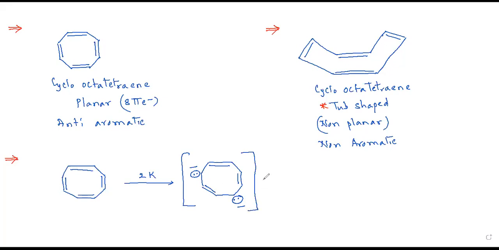Very interesting. You get this? It means it is cyclooctatetraene, sorry, triene dianion. Yes, it is, of course, aromatic. It has got 10 pi electrons and there is perfect extended conjugation in this particular species.